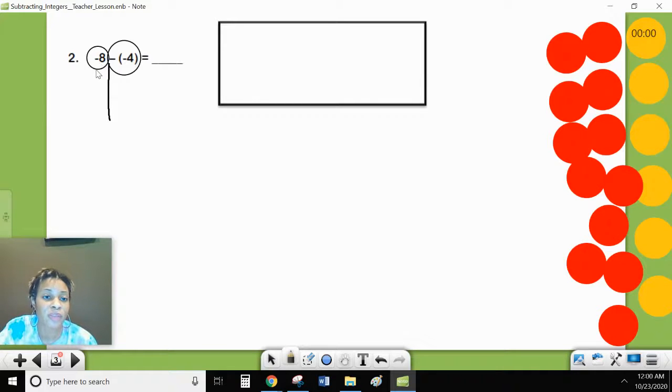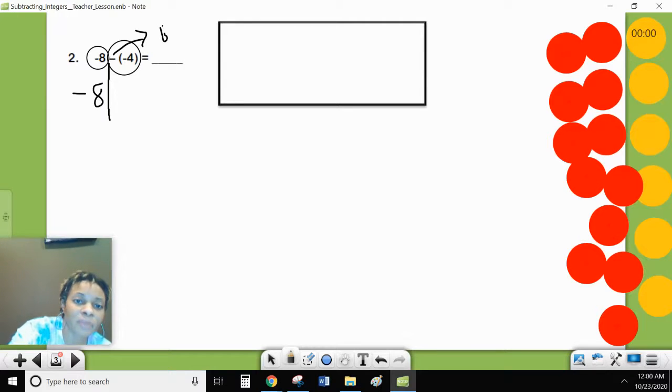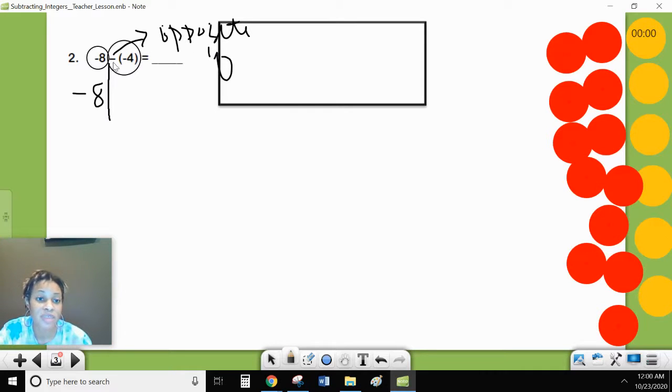So clearly on the left, I see that I've circled negative 8 or the opposite of 8. Here, this is going to be our opposite of negative 4. So how do I read this? The opposite of a negative 4 is a positive 4. So that's what we circled. We circled the opposite of negative 4, which is a positive 4.